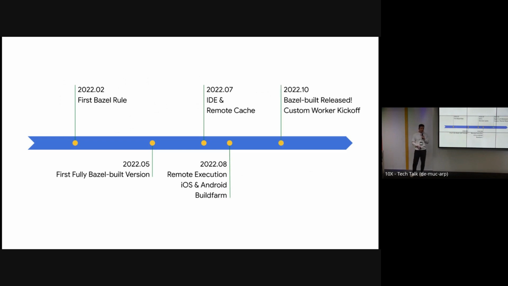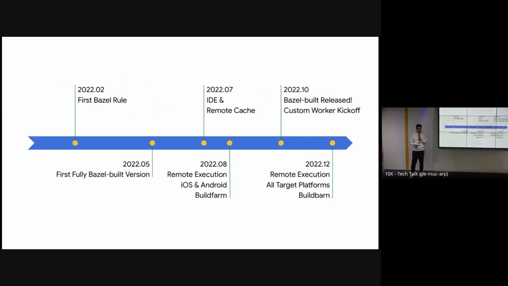In October last year, we finally released our first Bazel build version to the players. And we finally got some time to work on the custom remote worker for the Windows platform. I will explain it later. And finally, at the end of last year, we had remote execution set up for all 4 targeted platforms with BuildBar.